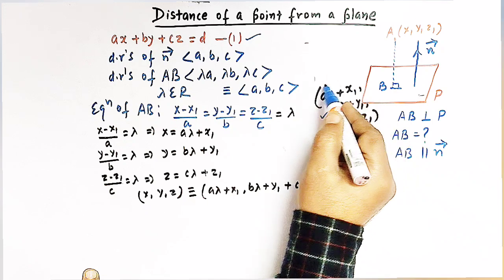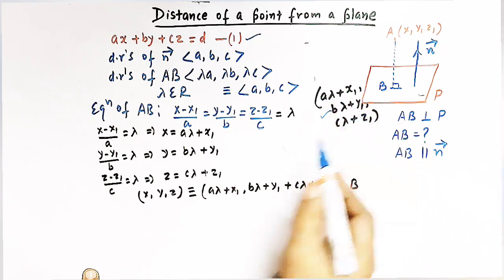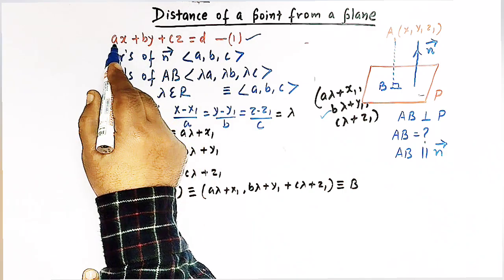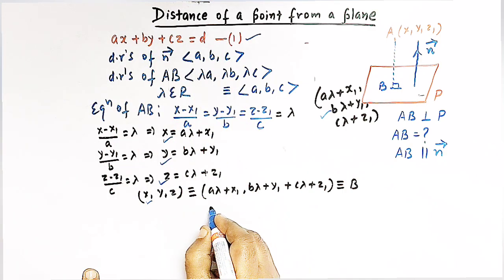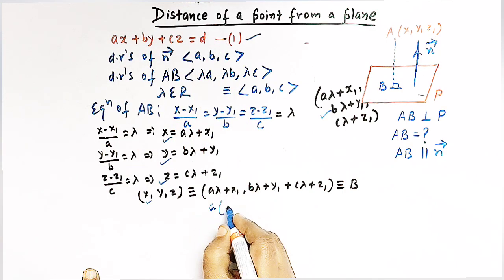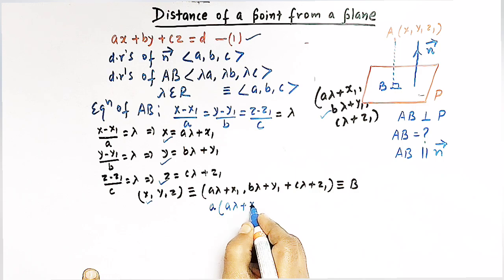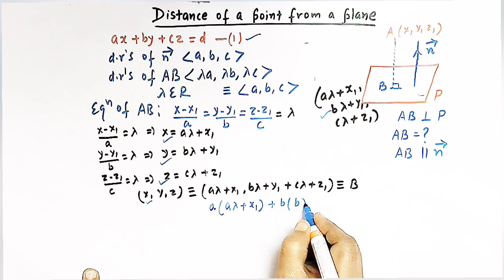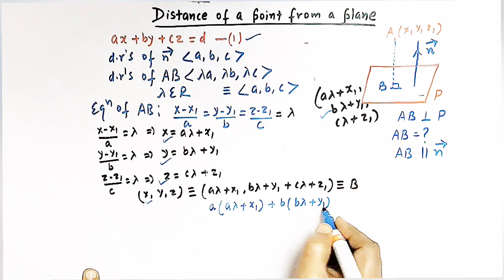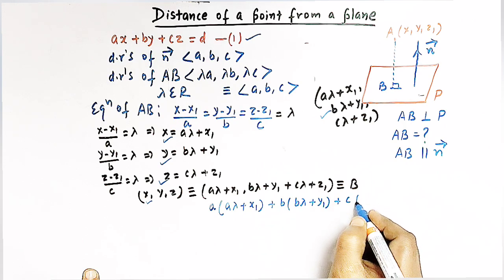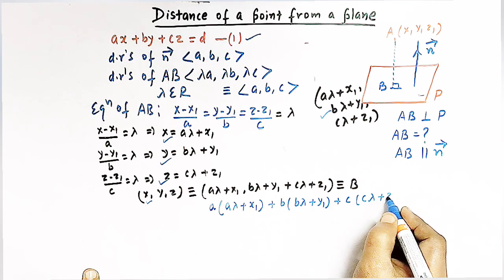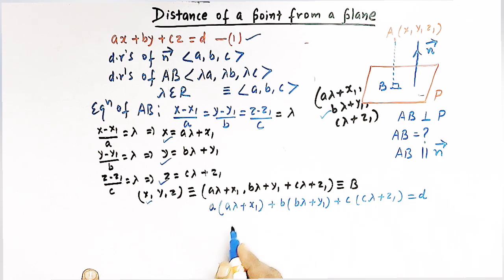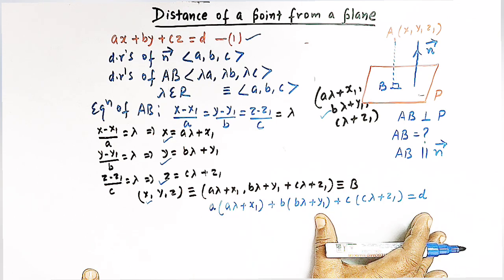So let us substitute this coordinate, that is the values of x, y, and z, in this equation. So we can now write a times (a lambda plus x1), then we have b times (b lambda plus y1), then we have c times (c lambda plus z1) is equal to d. So let us solve this equation, right?